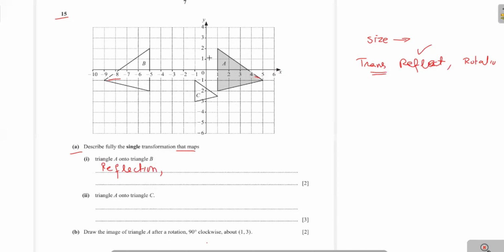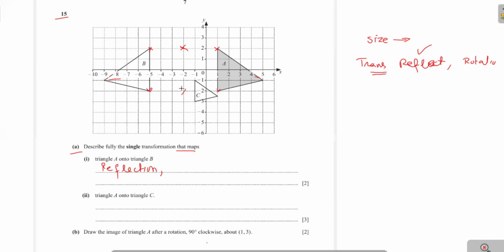To find the line of reflection, we will take the midpoints between the object and image points. This is the middle of the object and corresponding image points. And next we take another midpoint between the object and corresponding image point.